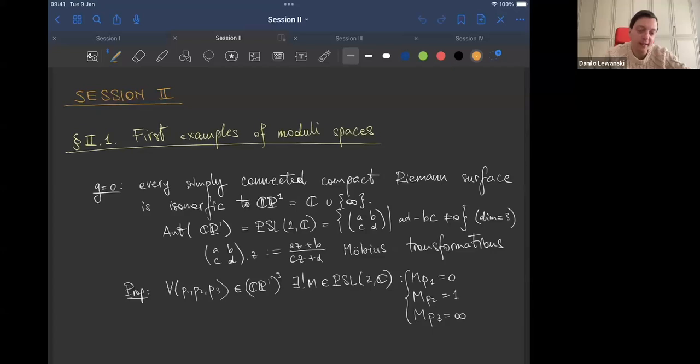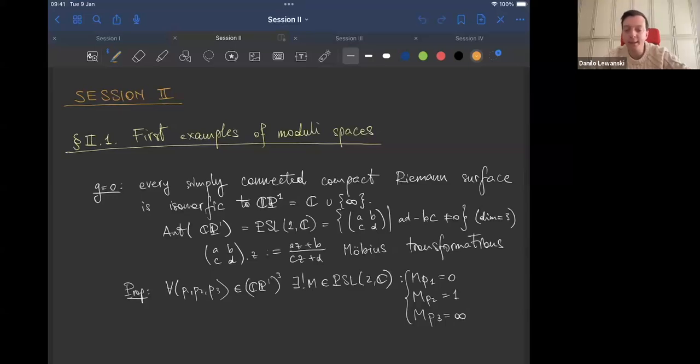And here, exactly the same is happening. Not maybe exactly the same, but the same principle applies. You have an automorphism group of dimension 3, but now you're fixing 3 points in the domain and 3 points in the codomain, which is the image.